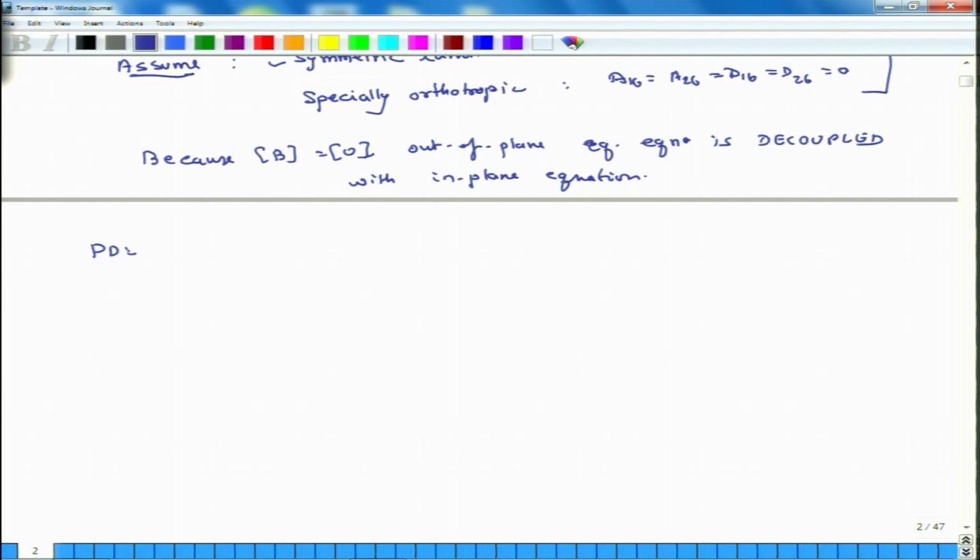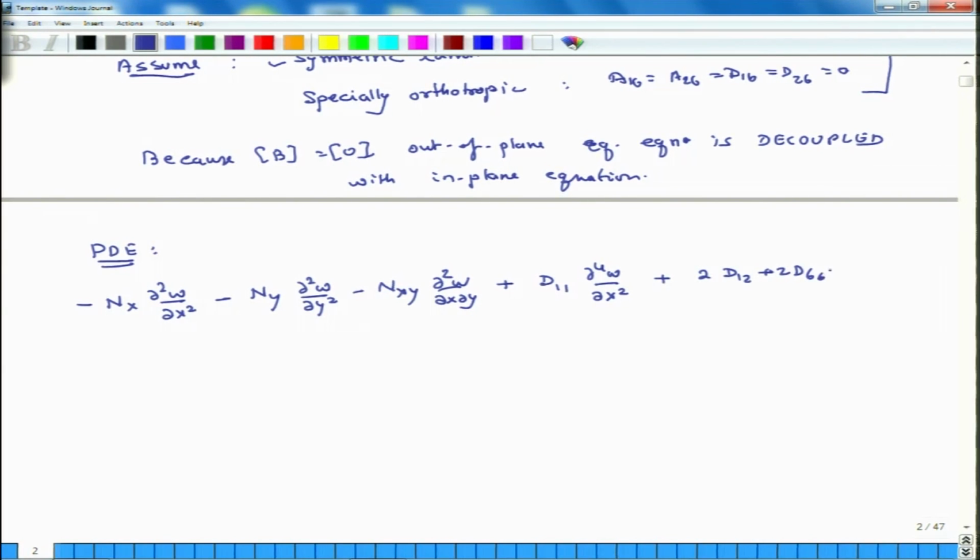So, the partial differential equation which I am going to address is minus Nx del 2 W over del x square minus Ny del 2 W over del y square minus Nxy del 2 W over del x del y plus D11 del 4 W over del x 4 plus 2 D12 plus 2 D66 del 4 W over del x square del y square plus D22 del 4 W over del y 4.